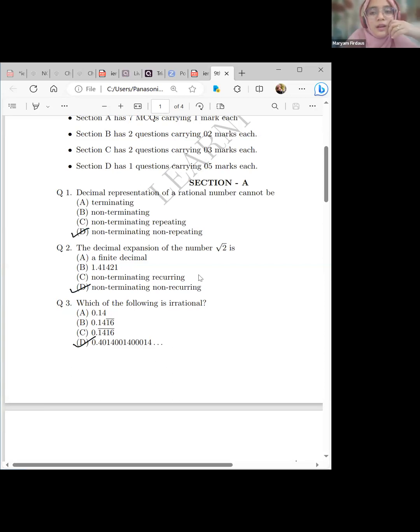Yes. So see, decimal expansion of the number √2. √2 is not a rational number, right? It's an irrational number. And look at this, 1.41421. This is terminating. It has stopped after 21. So let me show it to you like this. It is 1.41421. That's it. There are no dots over here.